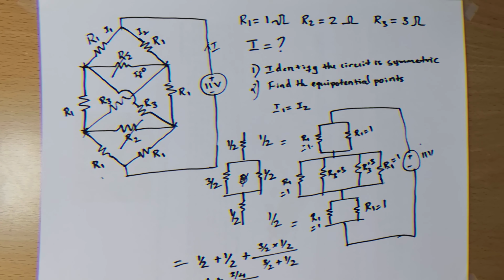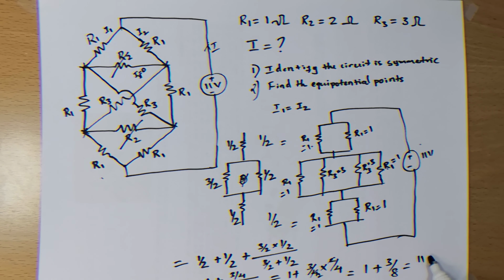So the calculation will go like this: 1 plus 3 by 4 into 2 by 4. So this is 1 plus 3 by 8, which is 11 by 8.